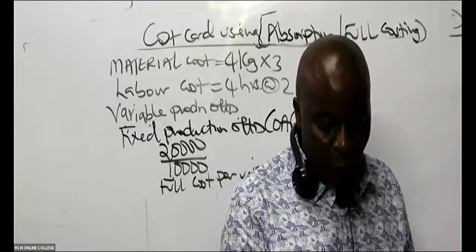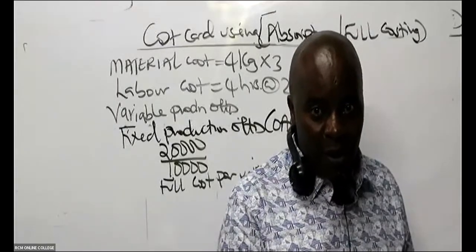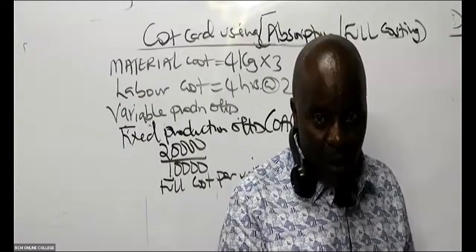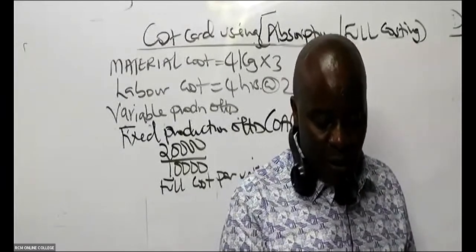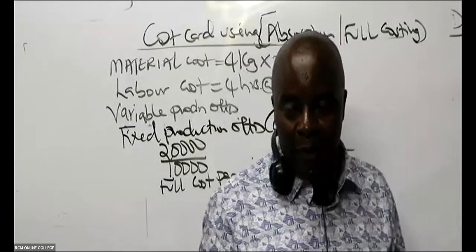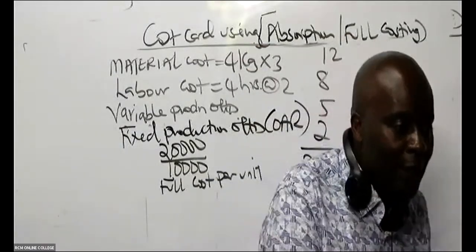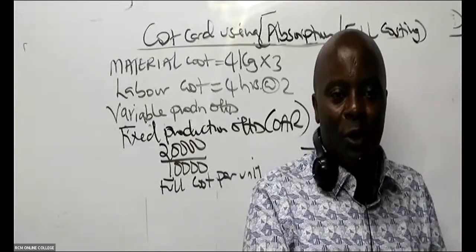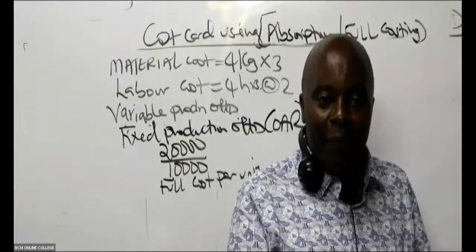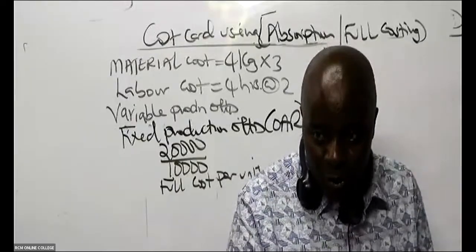Thank you so much. I hope you've been able to write that statement in your mother tongue, that all selling, distribution, marketing costs can never be absorbed to units produced.